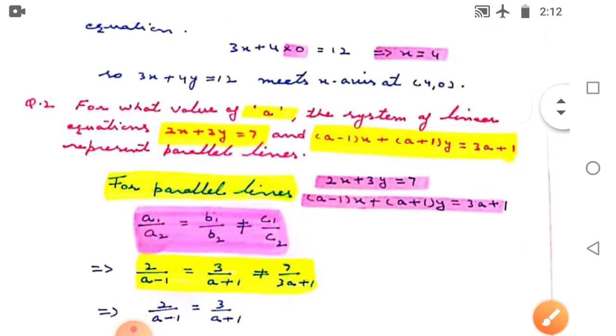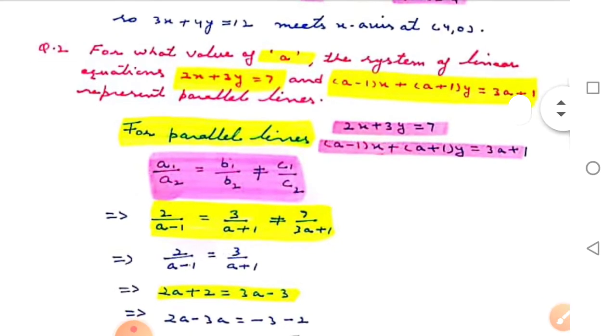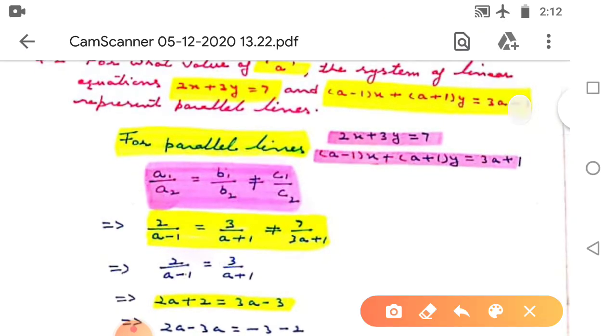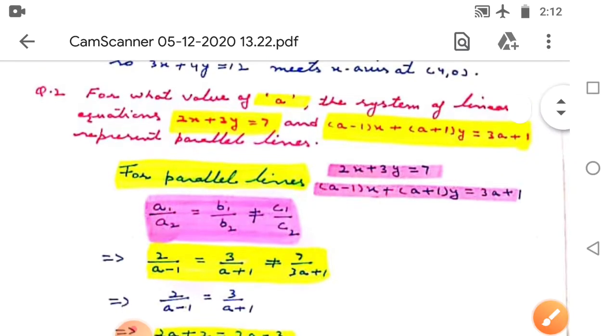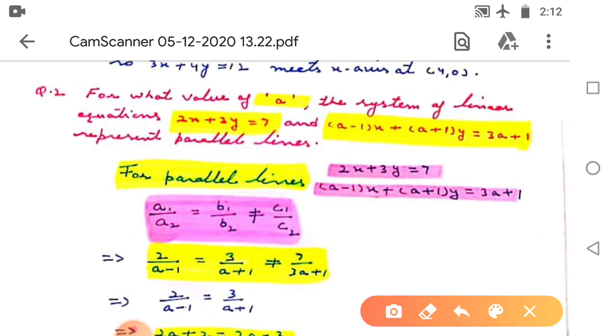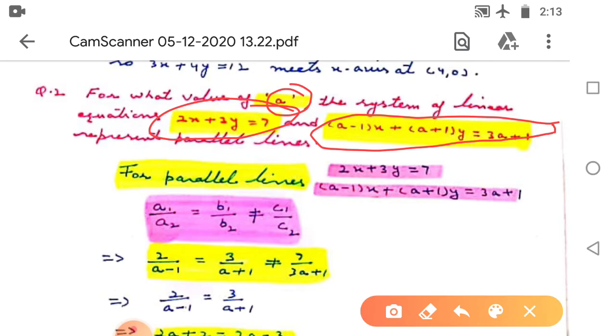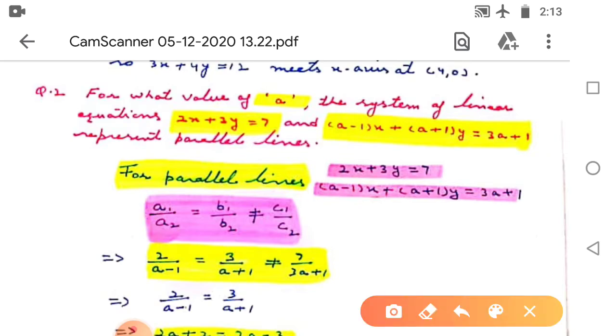So now come to the next question, number 2. For what value of a, the system of linear equations 2x plus 3y is equal to 7 and (a minus 1) into x plus (a plus 1) into y is equal to 3a plus 1 represent parallel lines.